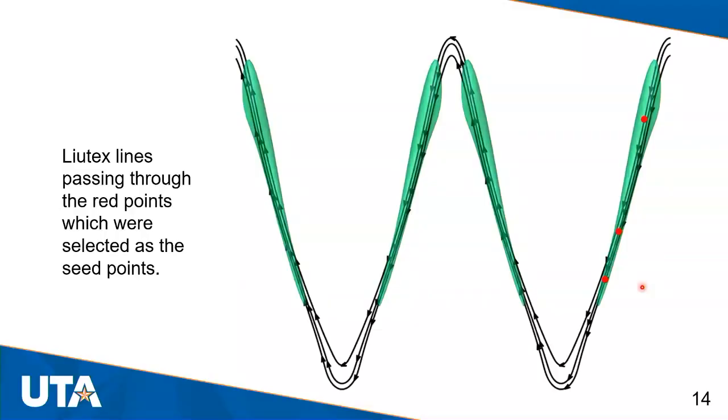So for one vortex, you need to avoid duplicated lines and select a unique seed point. That may be doable for an easy vortex structure, but when the vortex becomes turbulent, it's chaotic, and it's maybe not clear how to do that.